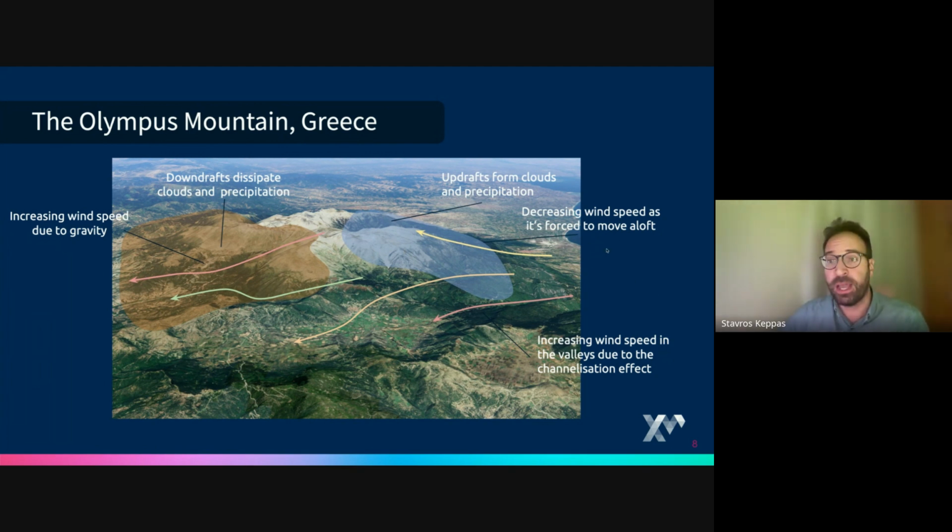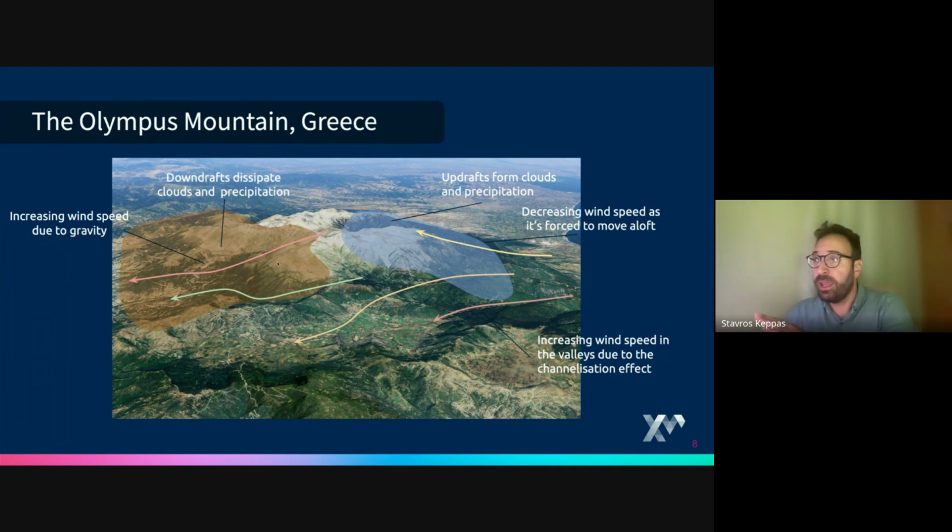So in case that we have the wind blowing towards this direction, we have more precipitation over these slopes of the mountain. But on the other side of the mountain, we have downdrafts that dissipate clouds, and so we do not have precipitation at all, or we have much less precipitation. Of course, the opposite can happen if we have westerlies, for example, instead of easterlies. So we have the wet areas of this mountain and the dry areas of this mountain.